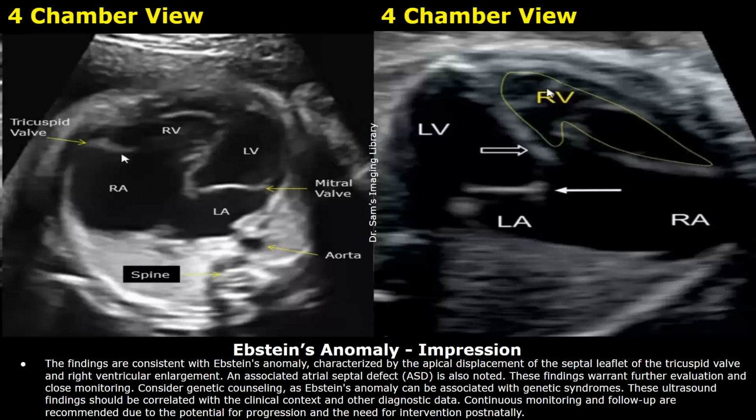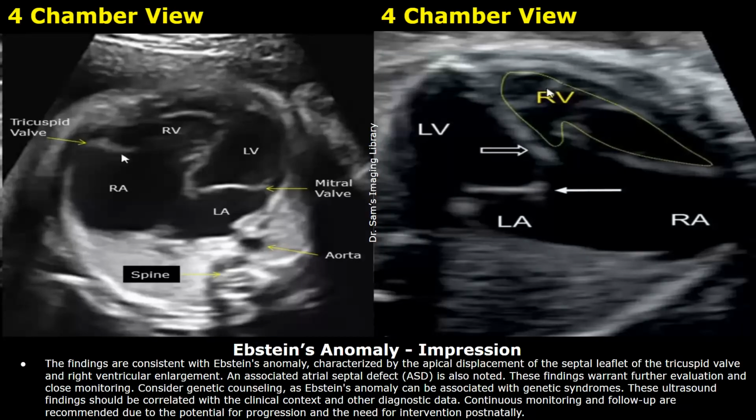This is the impression. The findings are consistent with Ebstein's anomaly, characterized by the apical displacement of the septal leaflet of the tricuspid valve and right ventricular enlargement. An associated atrial septal defect is also noted. These findings warrant further evaluation and close monitoring.